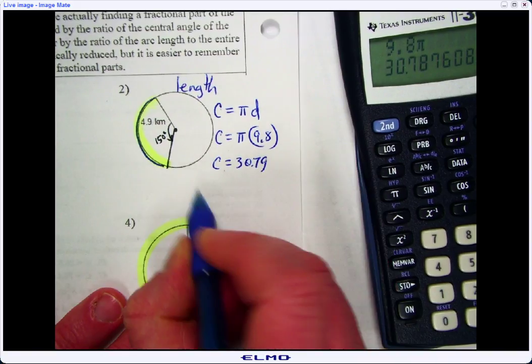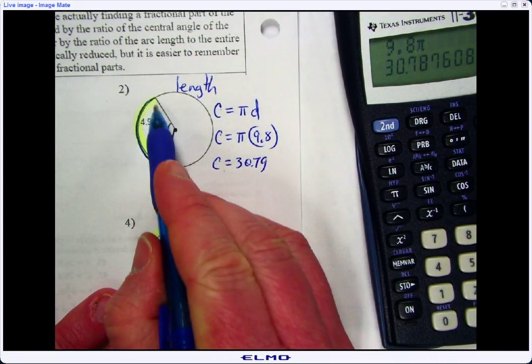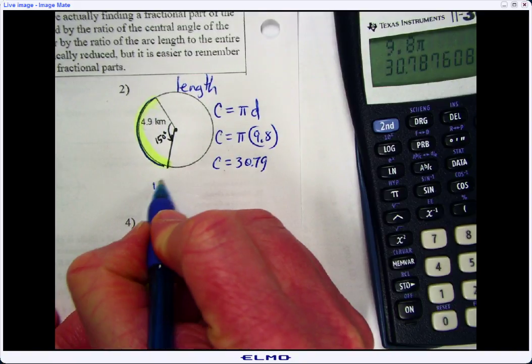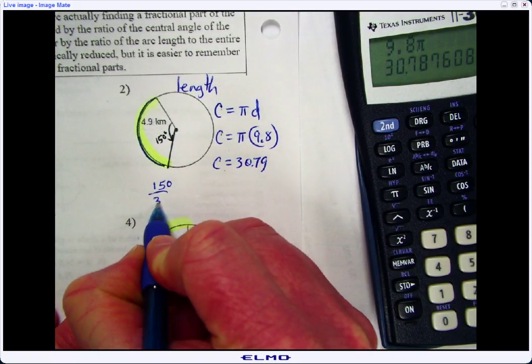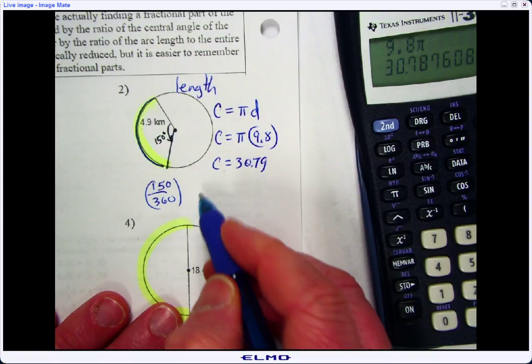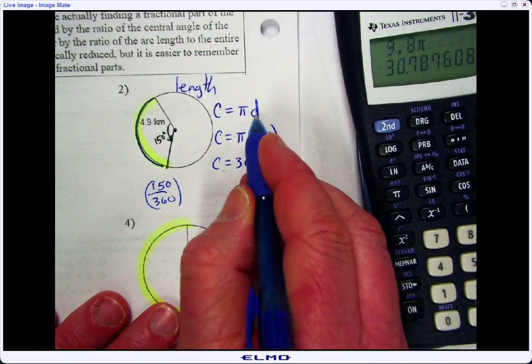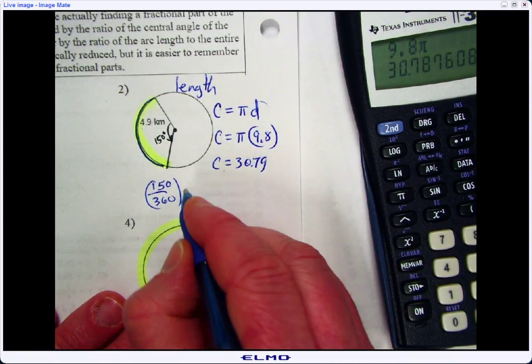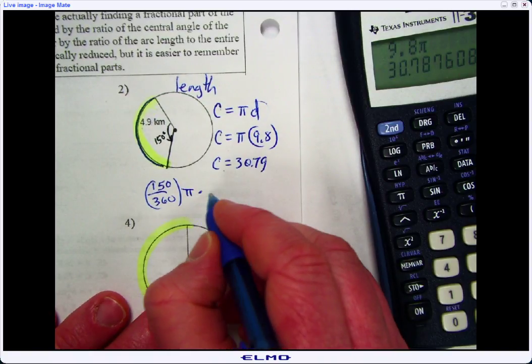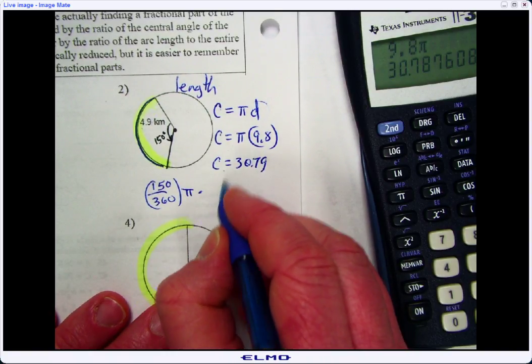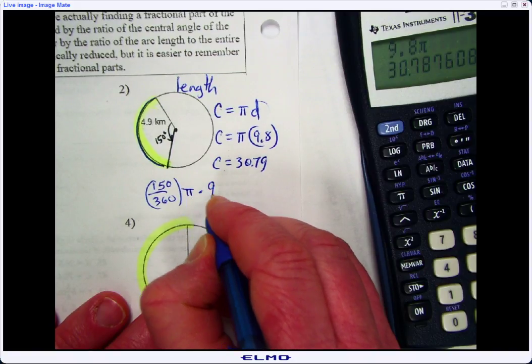9.8 pi is 30.79. We want the fraction of the circle that's right here, which is 150 out of 360, because it's 150 360ths of a circle, times the circumference. So times pi times 9.8. We already did that.